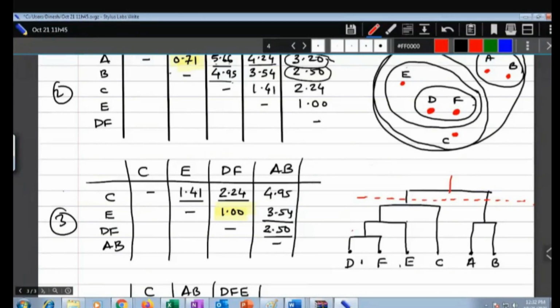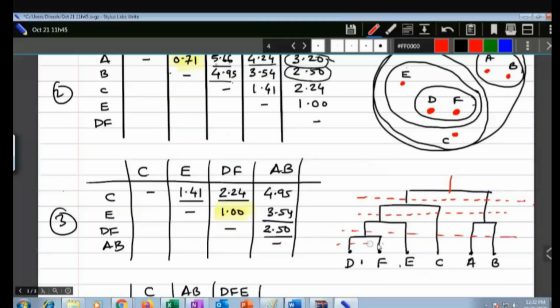Okay. So if you want to have, let's say, three clusters, you go on finding this. So you will have DFE as one, C as one, and then AB as one cluster. Then if you go on, you will have DF as one cluster, E as one cluster, C as one cluster, and AB as one cluster.